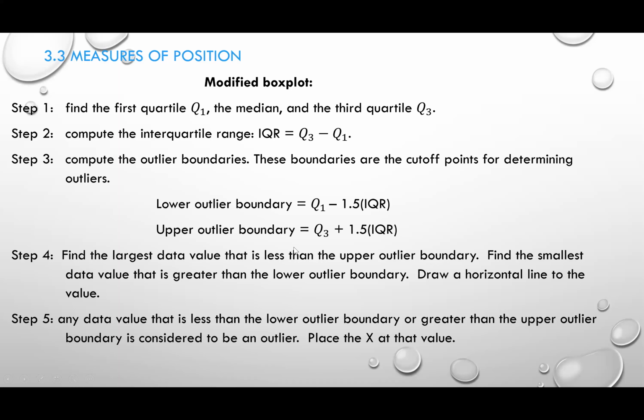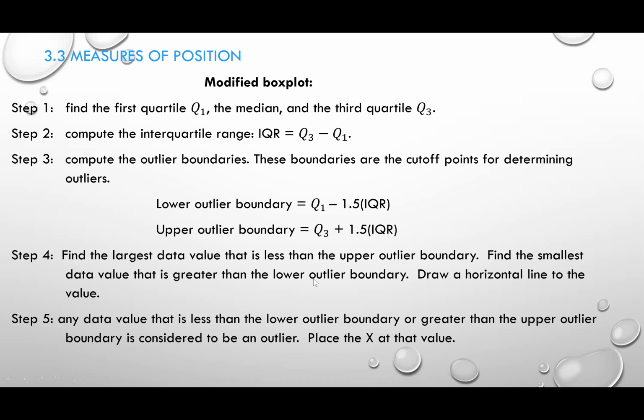So again, to find the upper line, you look at the highest data that you have that does not exceed your upper outlier boundary. And to find the smallest value, you take the smallest value of your data that does not exceed the lower boundary.